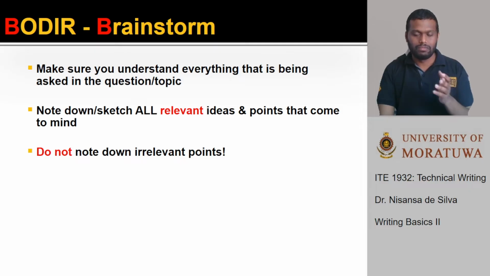So, all you need to make sure is that when you move from the stage brainstorm to the next stage, the organize stage, irrelevant points are not there. Okay? So, you can write down what you like and then get rid of irrelevant points.